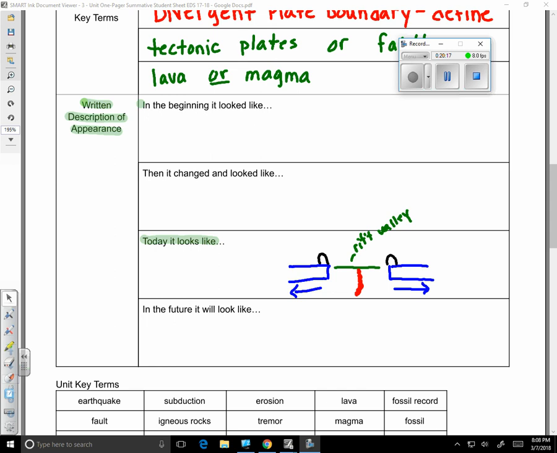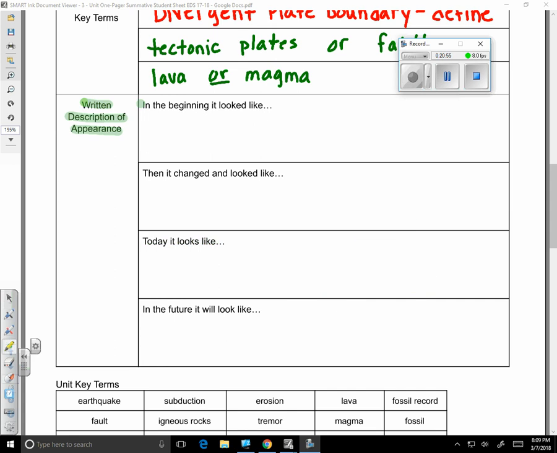Also remember that this rift valley is also covered up with glacier melted ice. So please write that in your own words. Don't draw the picture, you're describing it in your own words. Please pause this recording if you need more time.